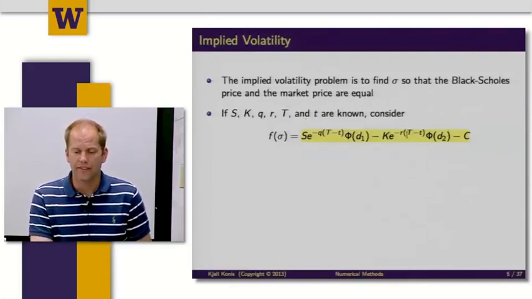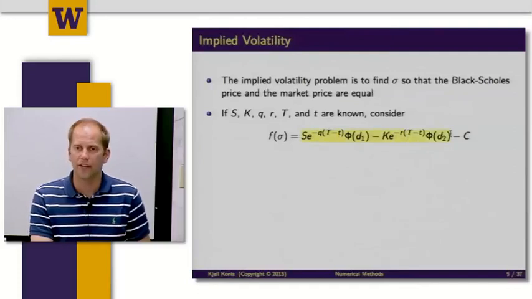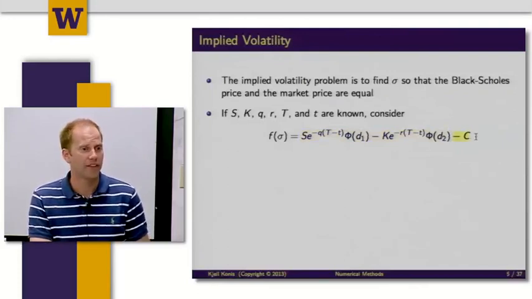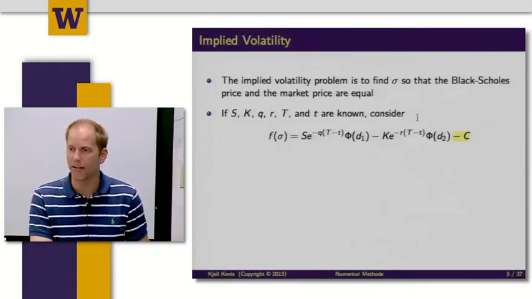The way I've set this up, I've put the theoretical price for a European call option minus the price for that option that I've observed in the market. So when I have the correct value of sigma, this whole thing, f of sigma, should be equal to 0.